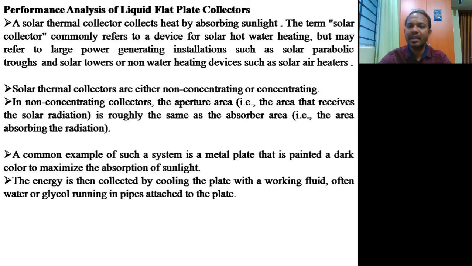It is only because ethylene glycol has a lower freezing point. So in environments where the temperature is less than 0 degrees centigrade, or in very cold countries, ethylene glycol is used along with the water.